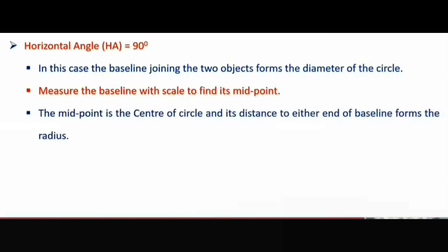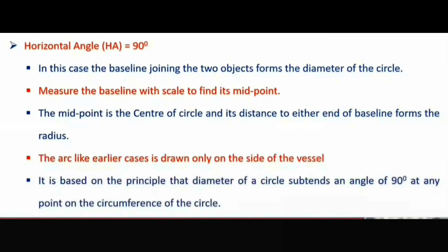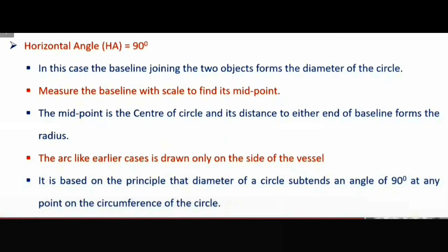The midpoint acts as the center, and from midpoint to either of its end will become the radius, and you can draw the circle on the chart. Now this is based on the principle that the diameter of a circle subtends an angle of 90 degrees at any point on the circumference of the circle. So beta, just go through these points and let me know any doubt coming anywhere.